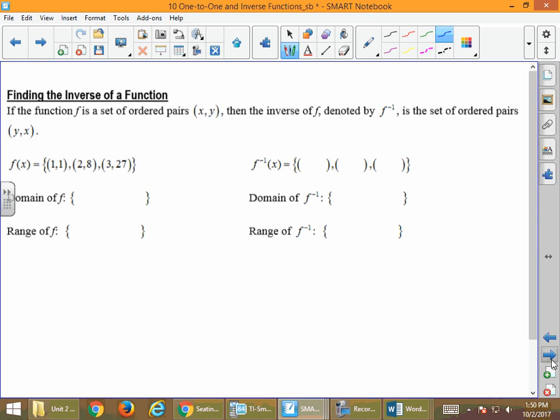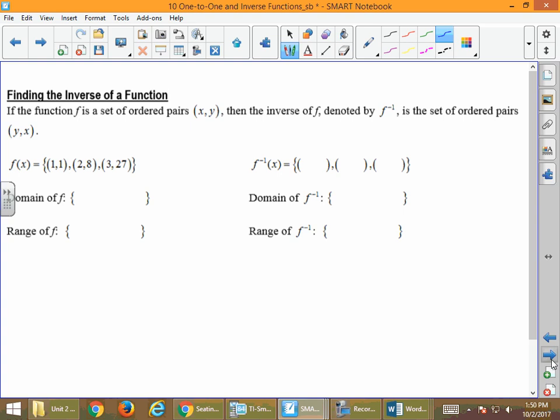So we've got the basics from the front of our notes. And we're going to digress here. We're still mostly talking about some ideas that we learned in Algebra 2, but we may have forgotten over the course of time. So if we find the inverse of the function, if a function is a set of ordered pairs x, y, then the inverse of the function, denoted with f to the negative 1.